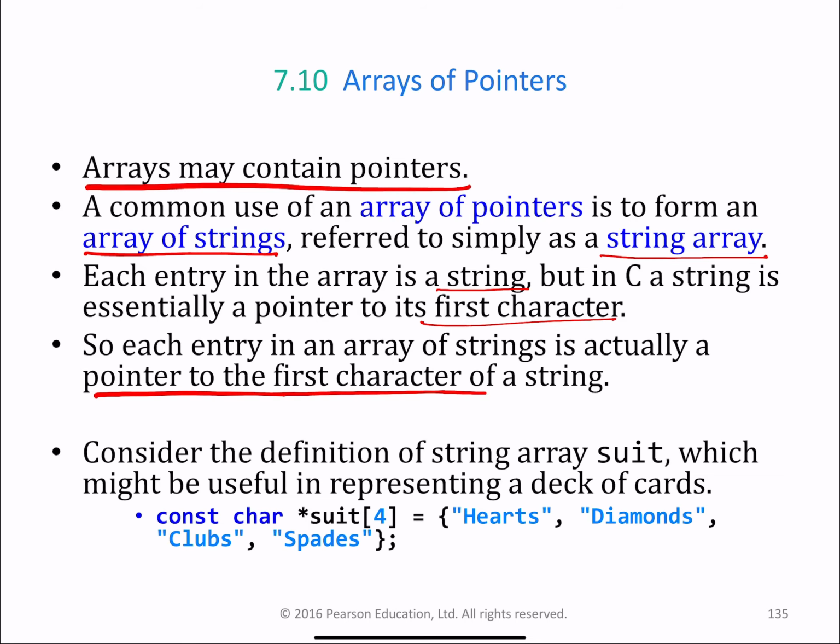And let me show you how we can set that up. So let's define an array of pointers in which each element is a pointer to a string. And that can look as simple as this example over here.